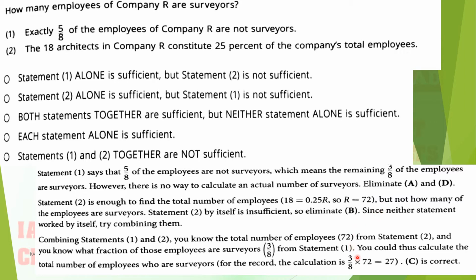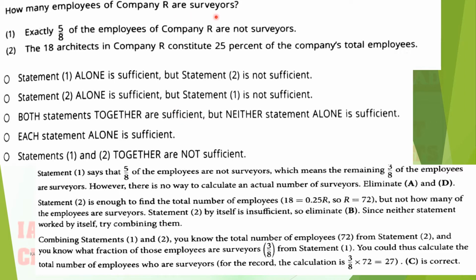So from this you can determine the number of employees in the company who are surveyors. How to determine? From the first statement you get the fraction 3/8. From the second statement you get the total number of employees, that is 72. So from this you get the answer as 27. So 27 employees of company R are surveyors.